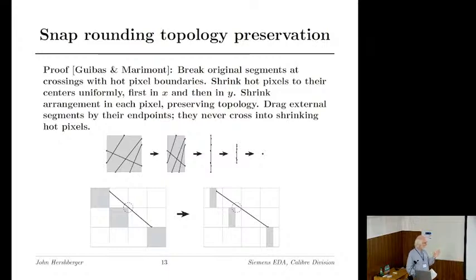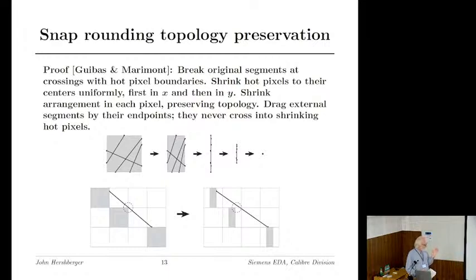its endpoints, let's look at the horizontal compression first. The endpoints of the segment are contracting toward the centers of the hot pixel, and so the endpoints are moving either left or right at a speed of at most 1. If the pixels are contracting with speed 1, then the endpoints are moving with speed at most 1. 1 if they're on the vertical sides, less than 1 if they're on the top and bottom of the hot pixel.